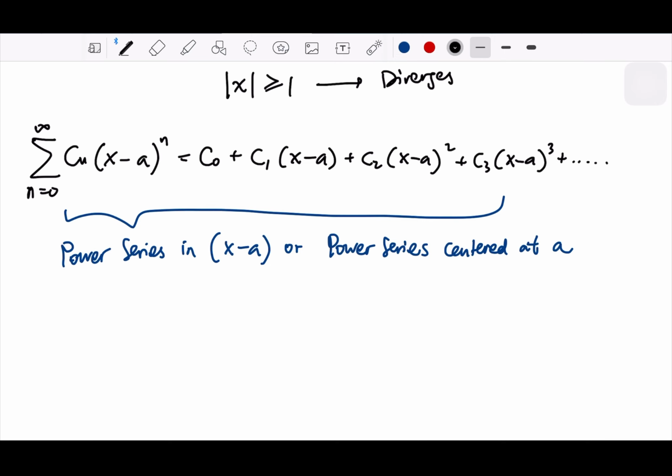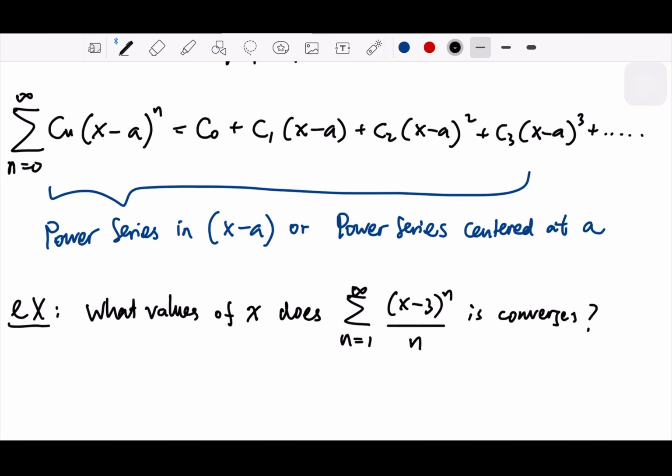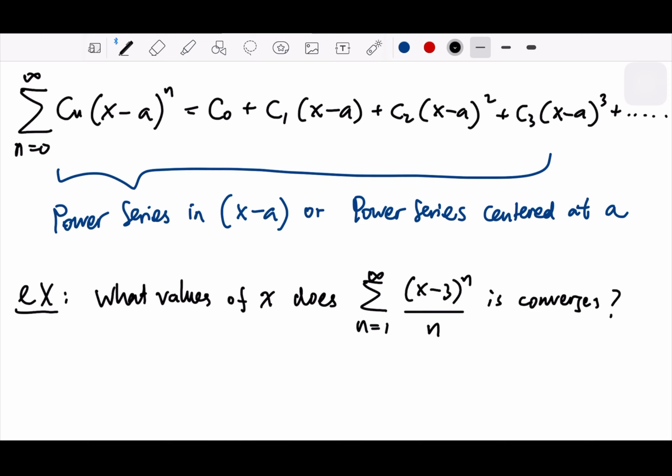So, for example, the question will be: what values of x does the series x minus 3 with power of n over n converge? In the previous sections about series and all the methods, we were not including x.